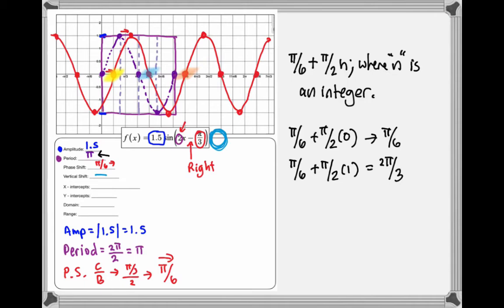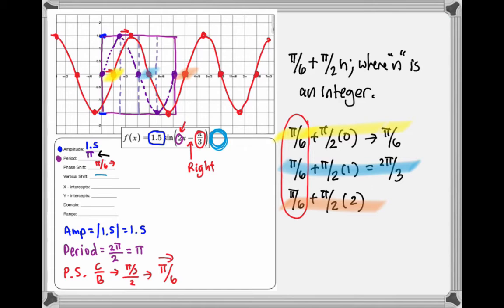And et cetera, just doing this one out in orange, if I wanted to add another integer. I want to make sure that you guys know this point that we start off at, which is pi over 6, and its distance from that particular starting x-intercept is what we're trying to calculate. So this one is the first one right here, this is the second one over here, and this orange one is over here.